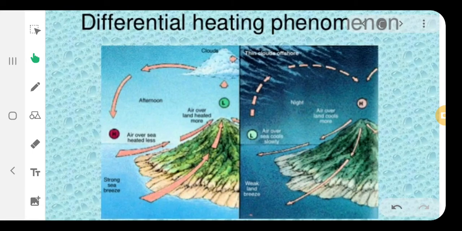By this diagram you can be more clear about what is differential heating phenomena. As you can see here, this is high pressure area and this is low pressure area. So air over the sea heated less and it is moving towards the low pressure area, and then from the clouds it is moving towards the sea.